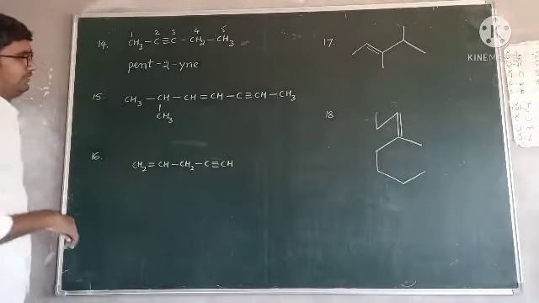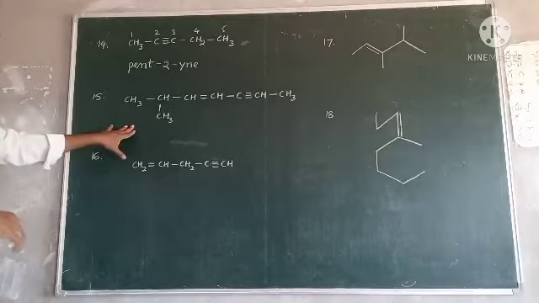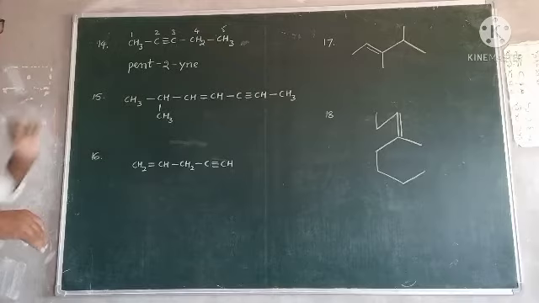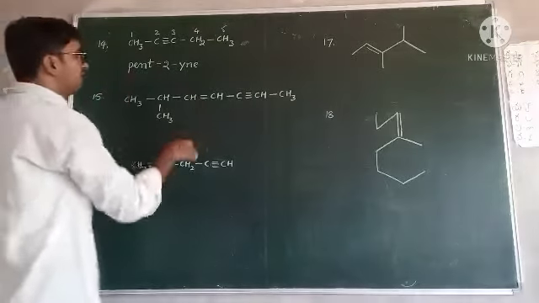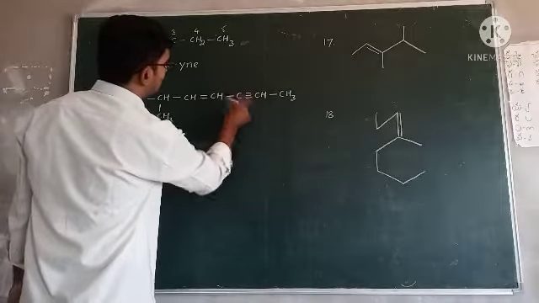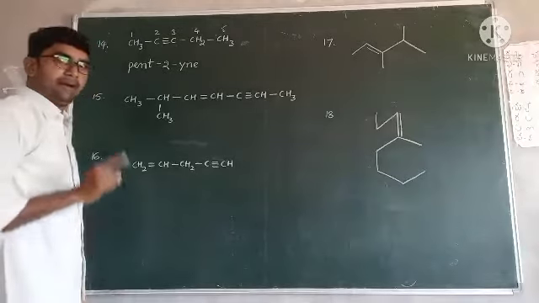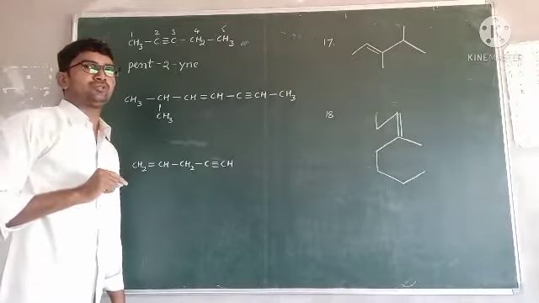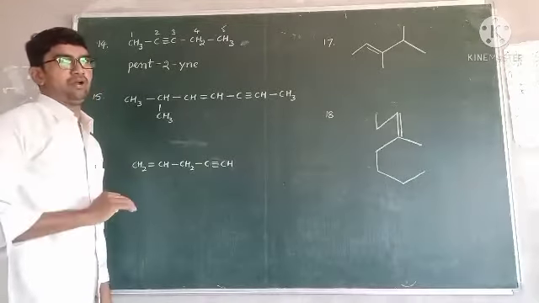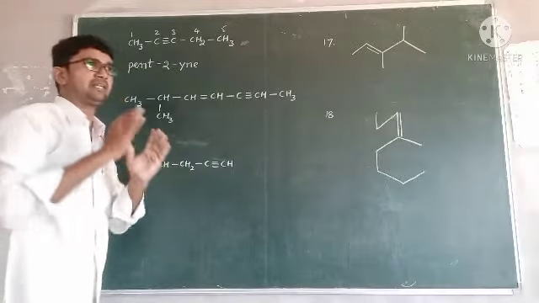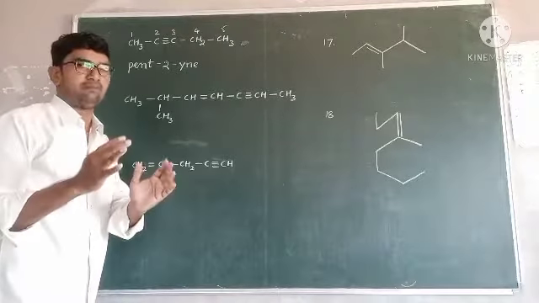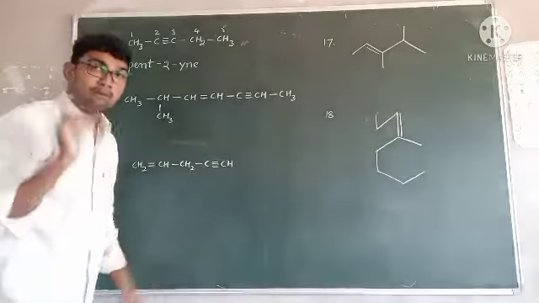Right. Next, 15th. Here also there is no functional group, but multiple bond is present. Double bond is present, and also triple bond is present. But I already told you, give main priority to the double bond. If competition between double and triple is present in any organic compound, give priority to the double bond.